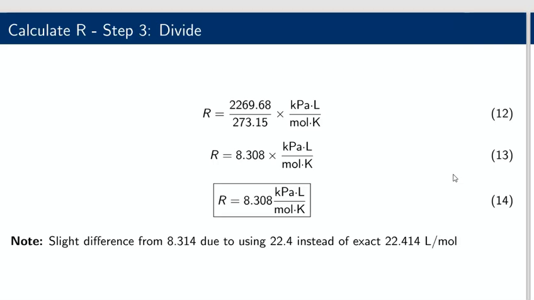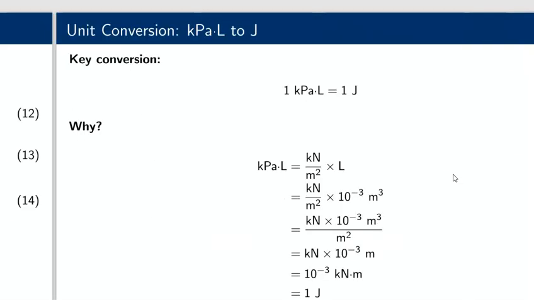There is a slight difference from 8.314 due to using 22.4 instead of the exact value, 22.414 liter per mole. If we use 22.414, the R value becomes 8.314. So that is the slight difference.